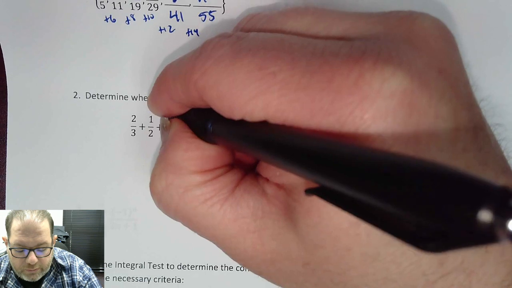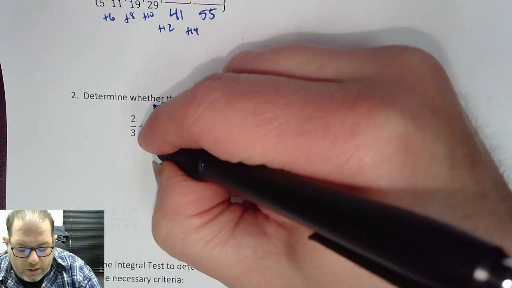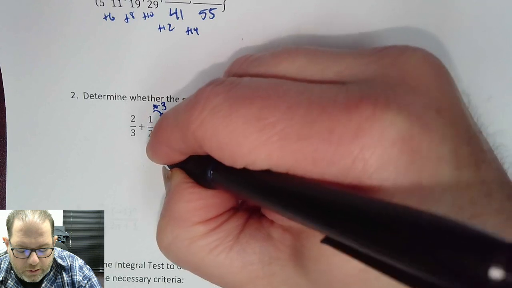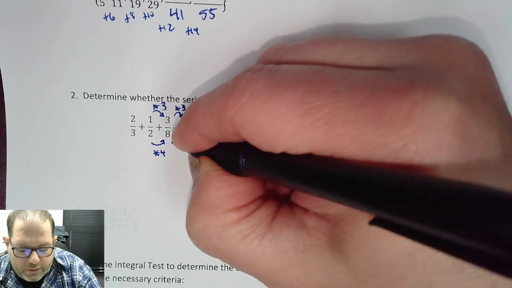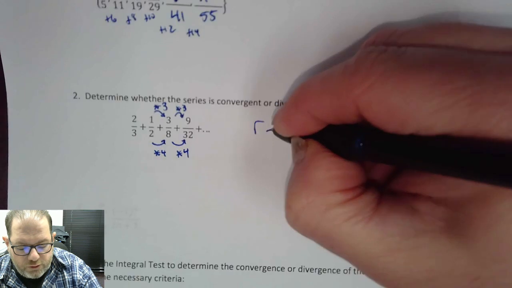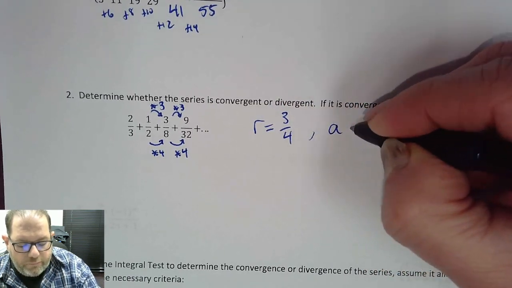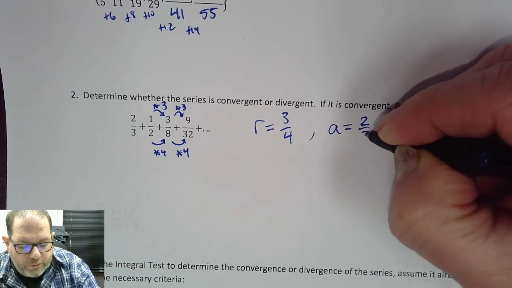So times 3 in the numerator, and times 4 in the denominator. So our ratio is 3/4, and our first term is 2/3.